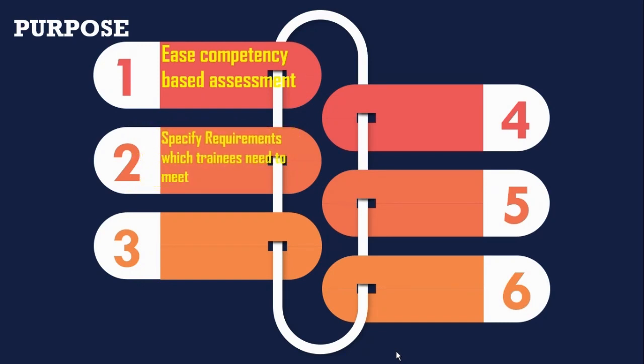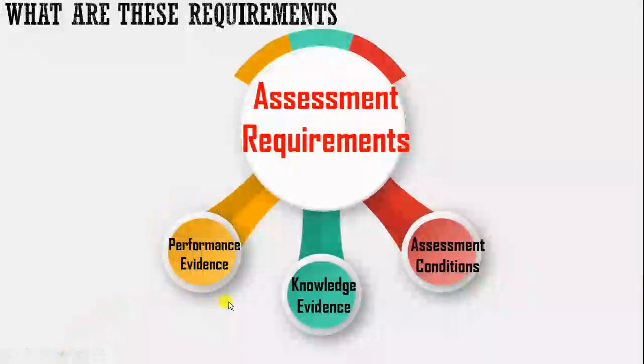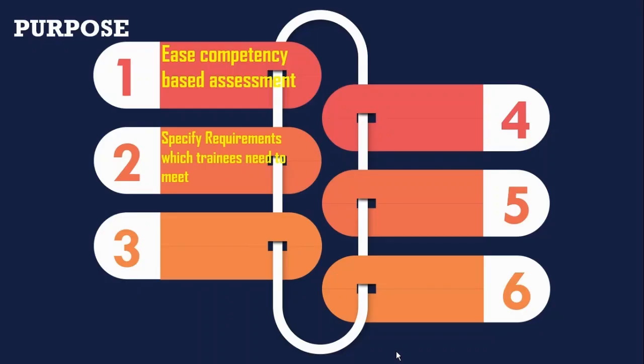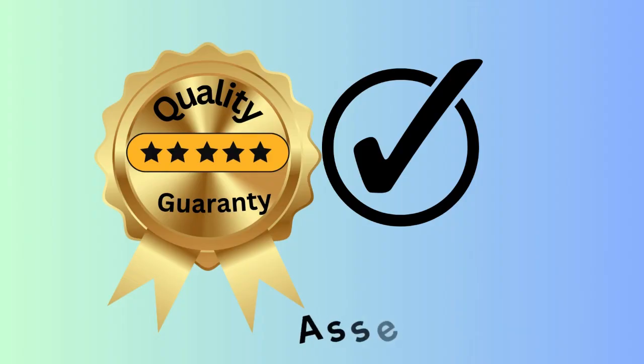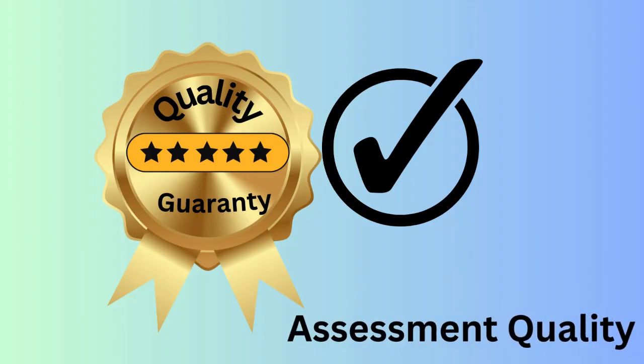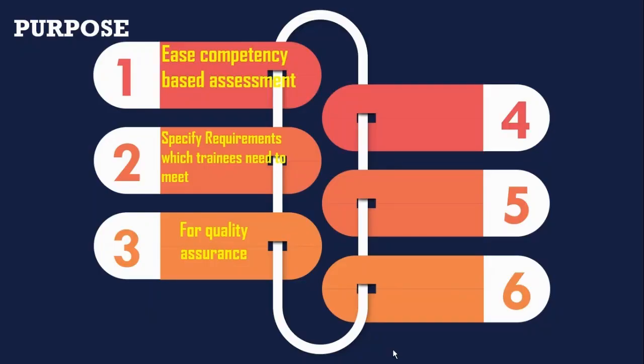And we have looked at the performance evidence, knowledge evidence, and assessment condition. So all those requirements, it's able to address that. The other bit is for quality assurance, and we have looked at how it supports quality issues when it comes to assessment.